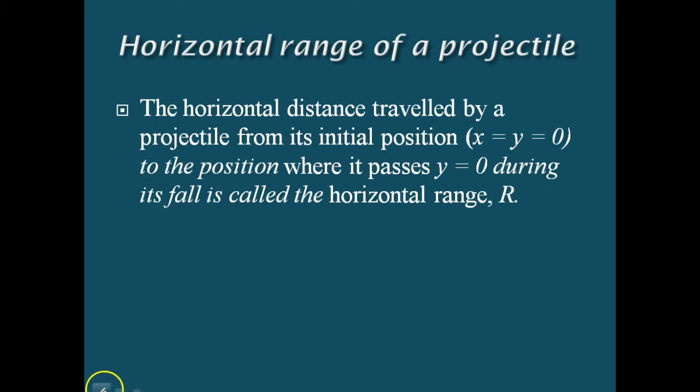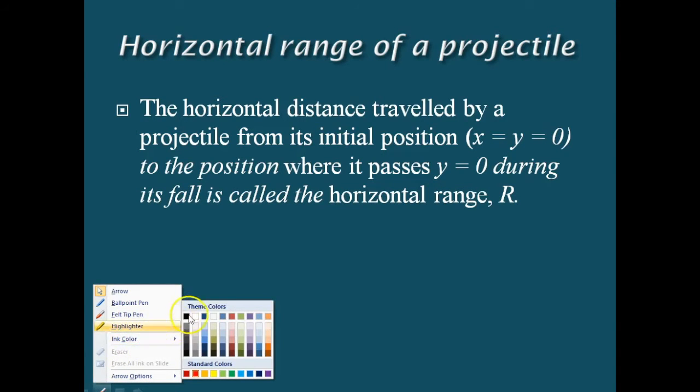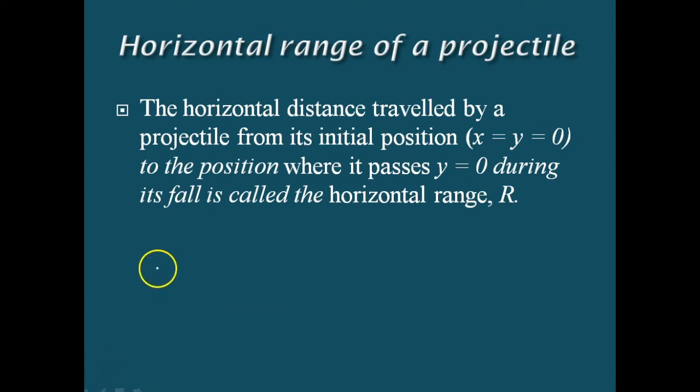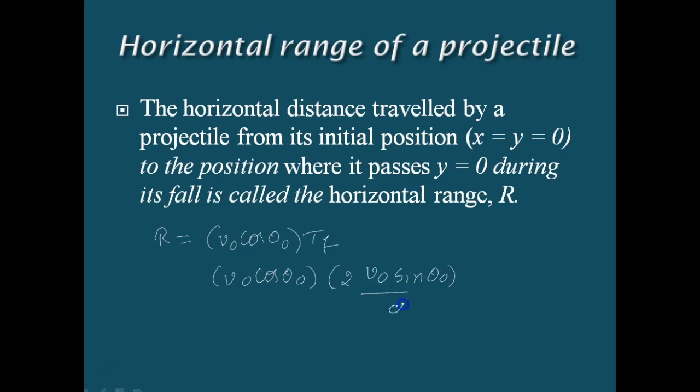So we can find the horizontal position by R is equal to V naught cos theta naught into Tf. We already know the expression for total time, that is 2 V naught sine theta naught by g.